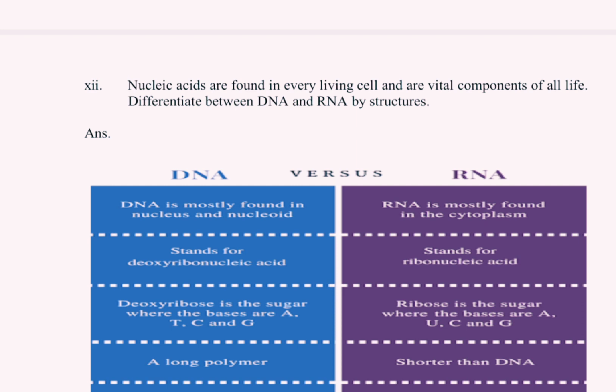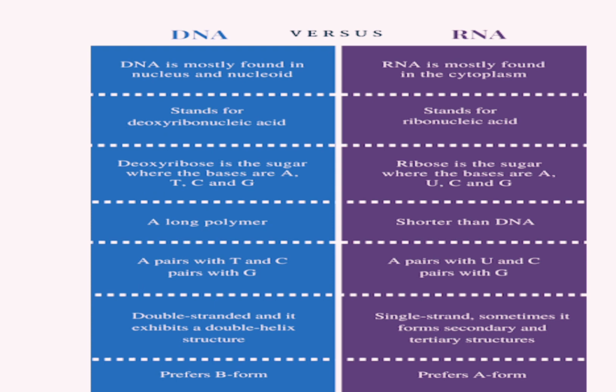And the DNA quantity is constant in each cell of your species, whatever species you are taking. Your RNA quantity varies, and RNA contains ribose sugar and DNA contains deoxyribose sugar, as its name stands. Then DNA has equal amounts of adenine and thymine, and cytosine and guanine amounts are also equal.